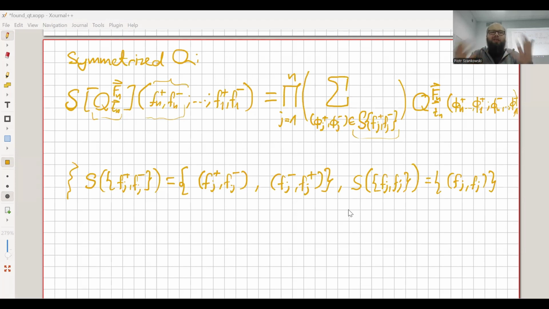Because this Q parameterization, we just introduced it because we felt that it would simplify things. This SQ is derived from Q anyway, so it's also introduced ad hoc-ish.